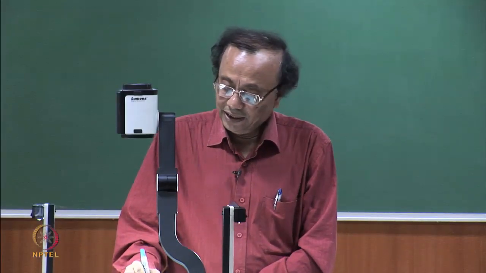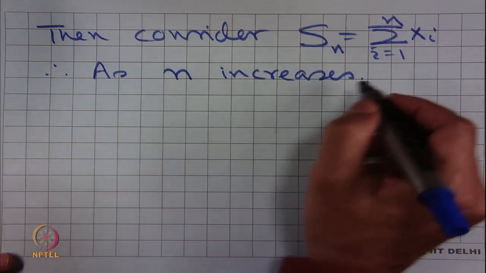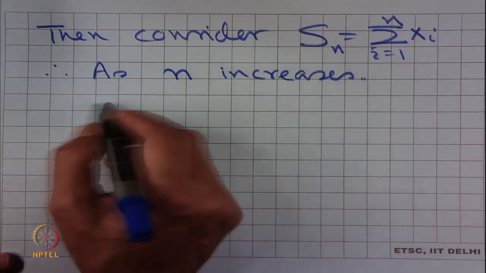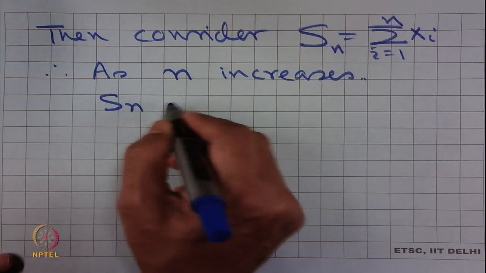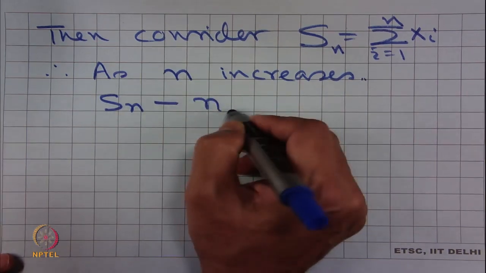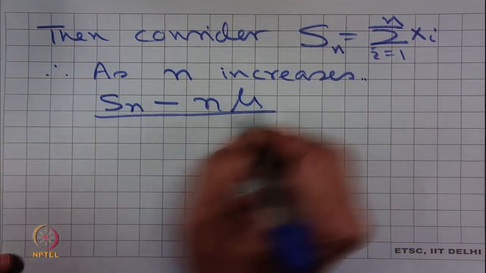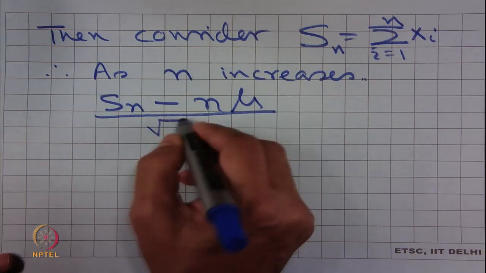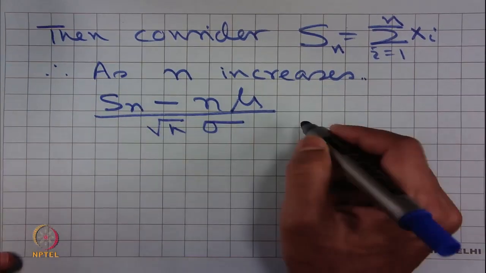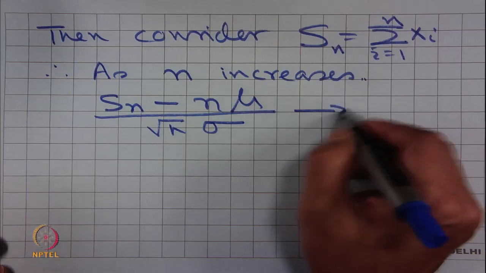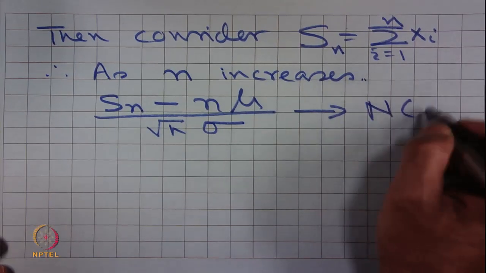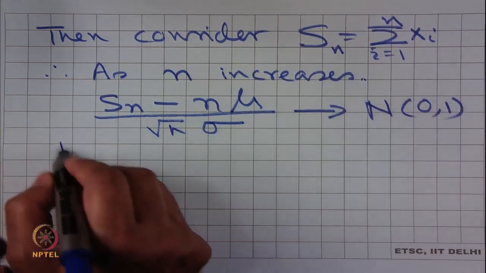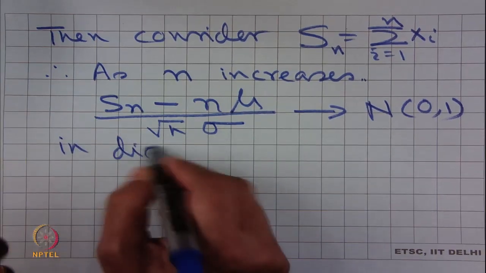Now, if n increases, the central limit theorem suggests that S n minus n mu upon root n sigma converges to normal 0 1 in distribution.